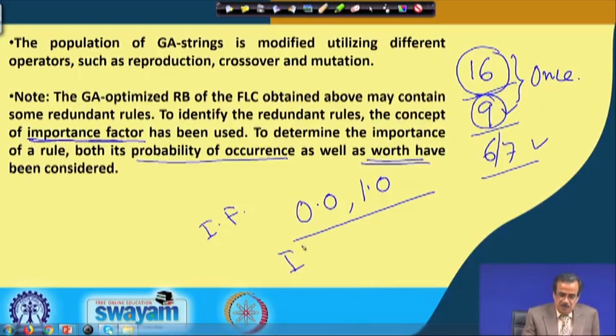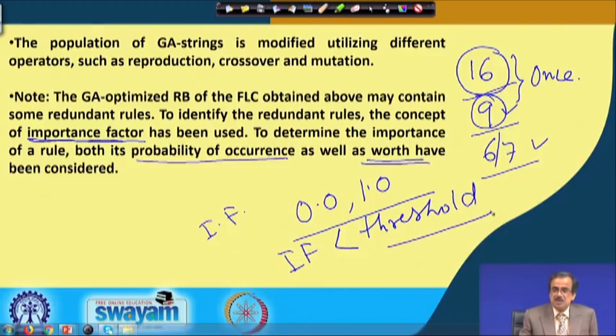That particular value is nothing but the importance factor. Now, if this importance factor is found to be less than some predetermined threshold value, that means that rule is not very good, and it can be declared as a redundant rule.